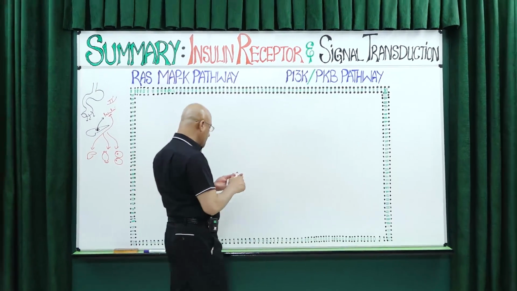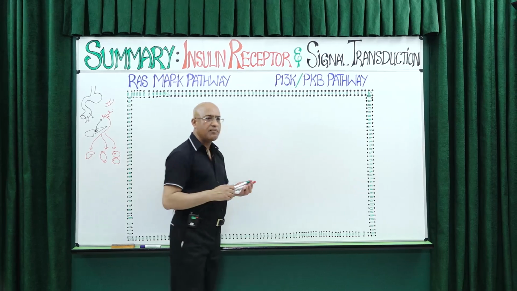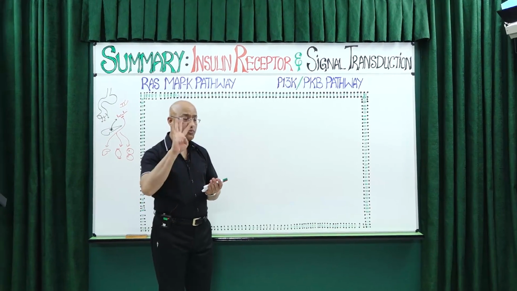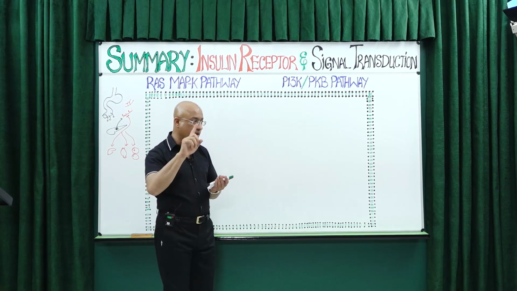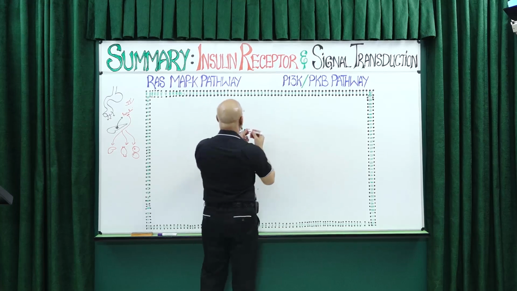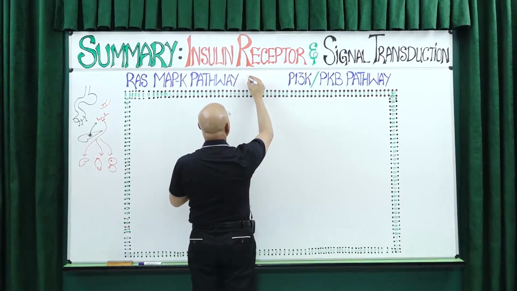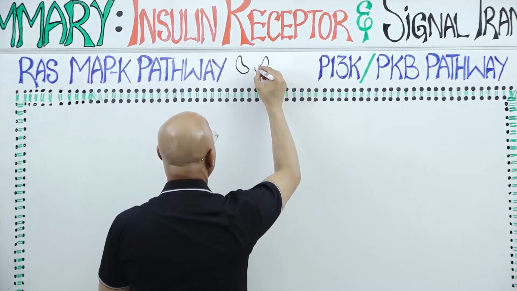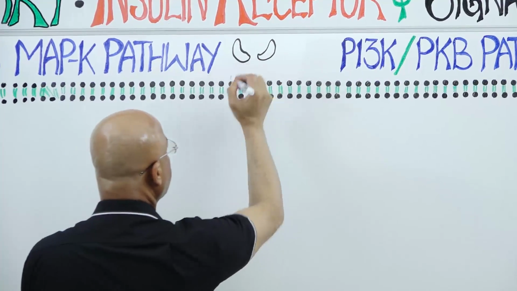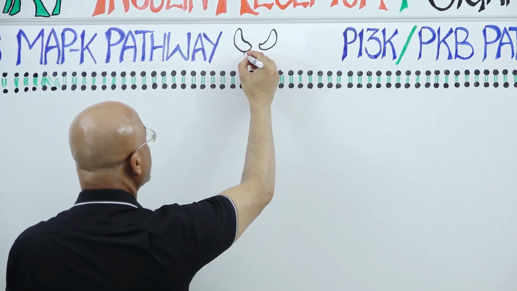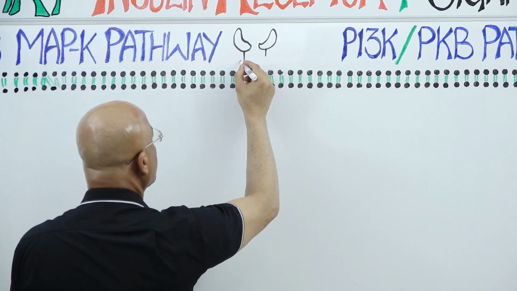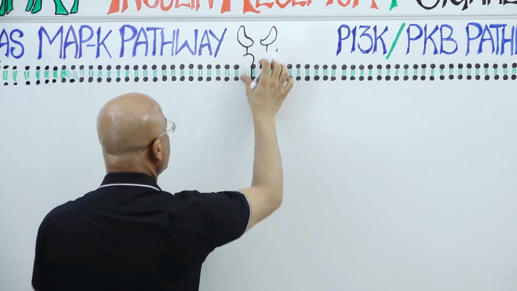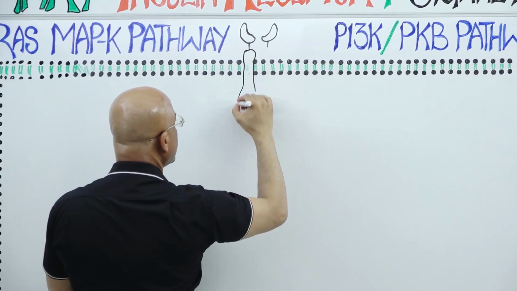Basically, the insulin receptor is a tetrameric molecule. It consists of 4 peptides. This is the extracellular part, these are two peptides, and these two peptides are attached with two more peptides.